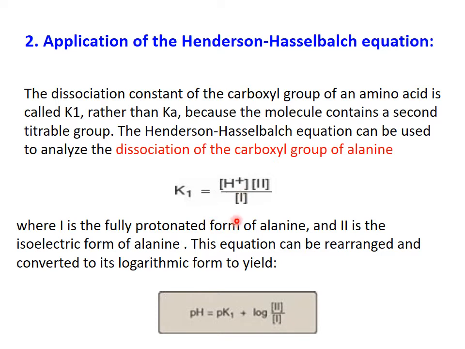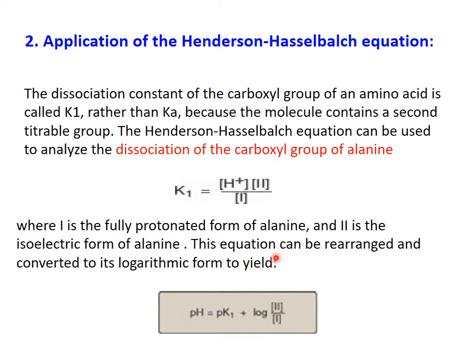Form 2 is the isoelectric form, and form 1, if you remember, was the fully protonated form of the amino acid. One is the fully protonated form of alanine and 2 is the isoelectric form of alanine.